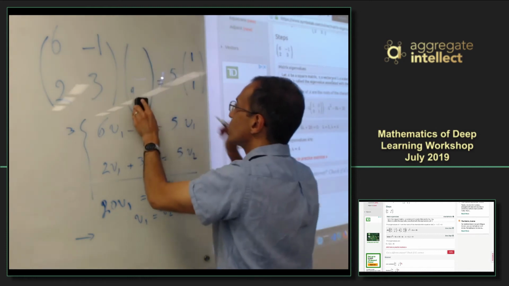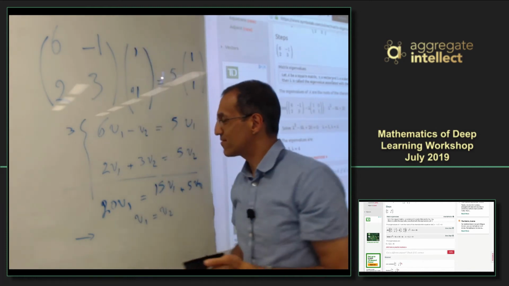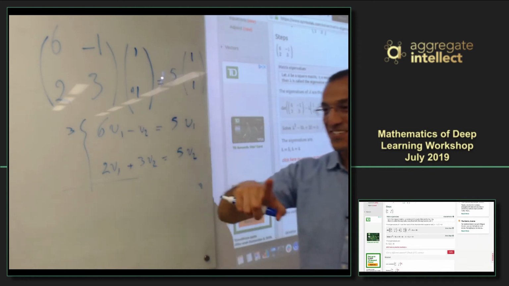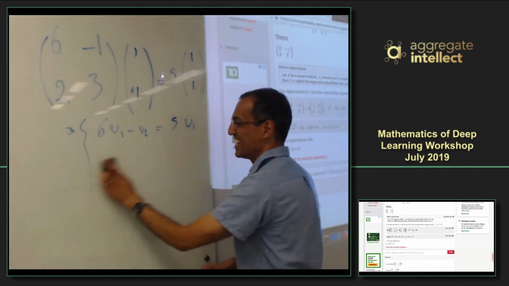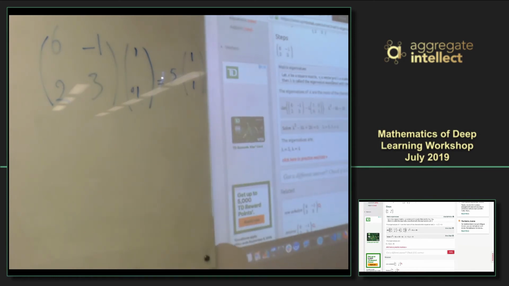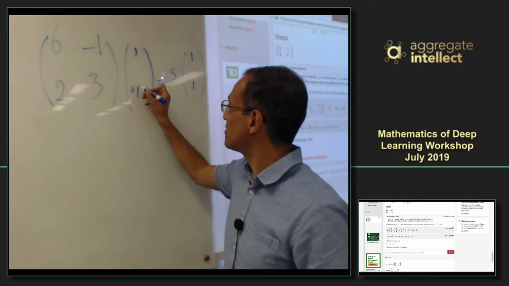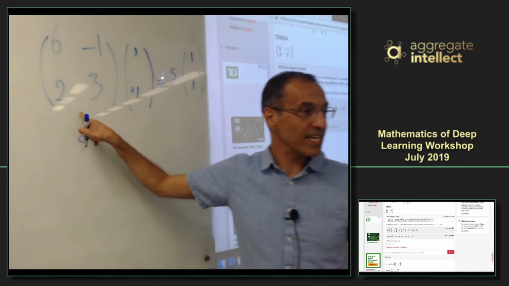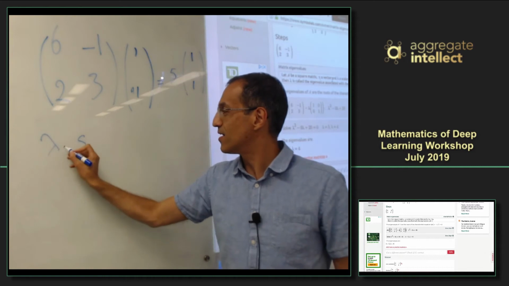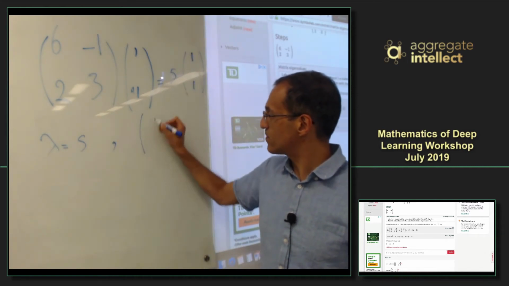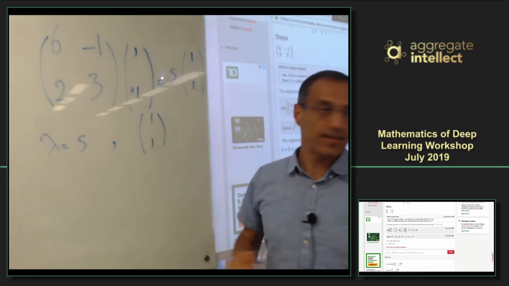So this matrix has an eigenvalue of 5, and the eigenvector corresponding to that is 1 and 1.